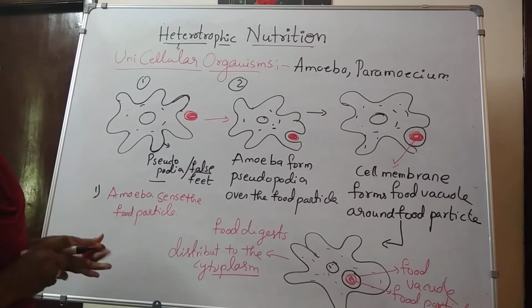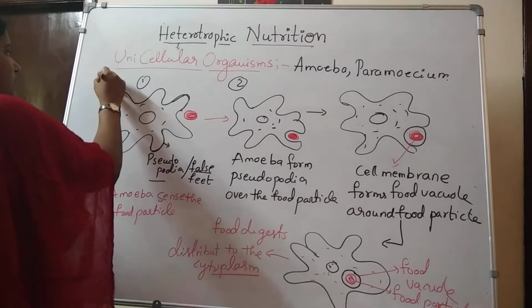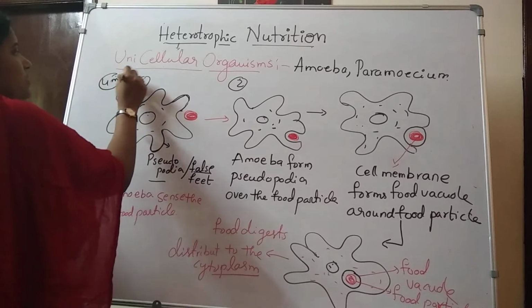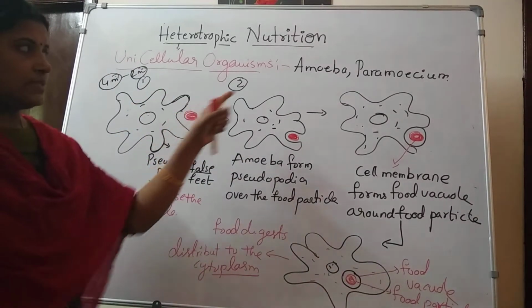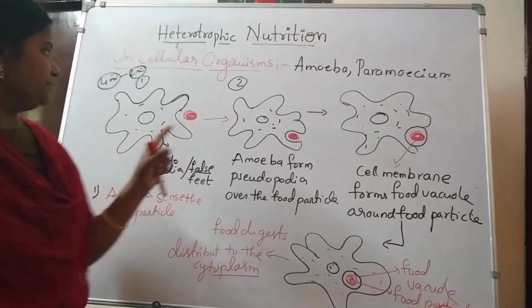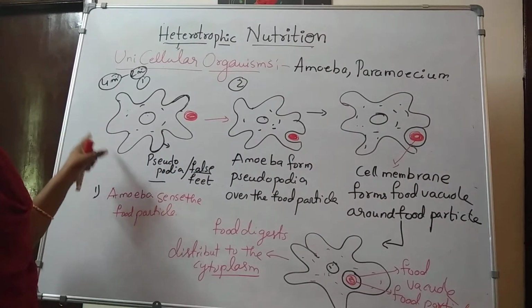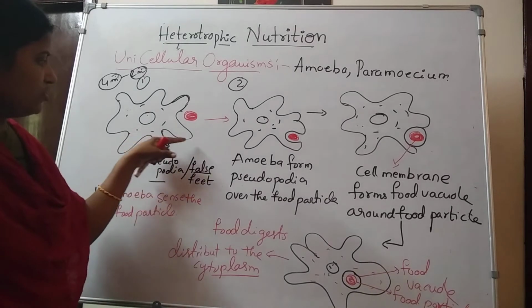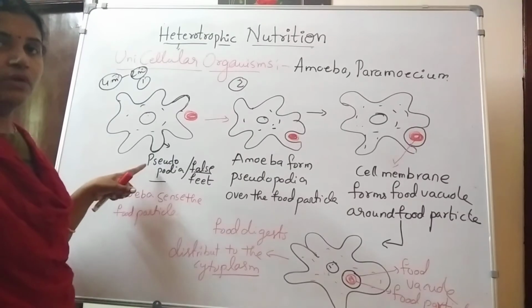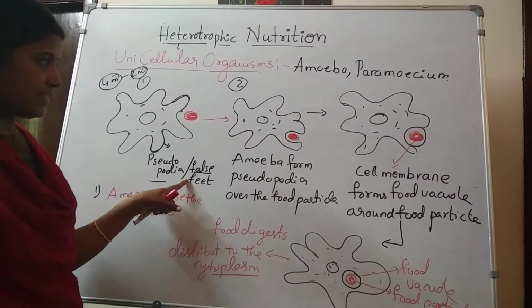Heterotrophic nutrition in amoeba, very very important questions. Many times it was asked for 4 marks and 2 marks also, okay. So unicellular organisms, examples amoeba and paramecium. There is no particular shape for amoeba. It has finger like folds, known as pseudopodia, meaning false feet.